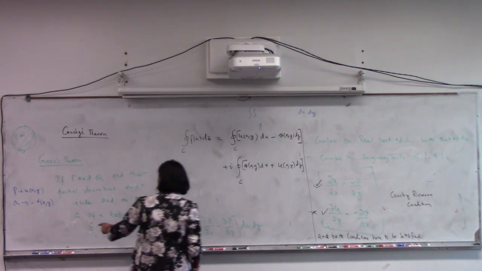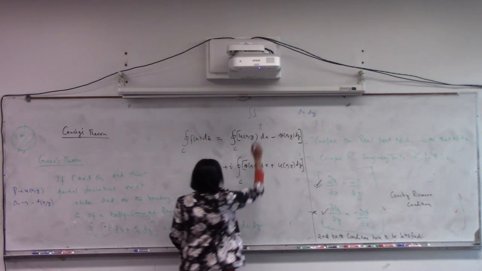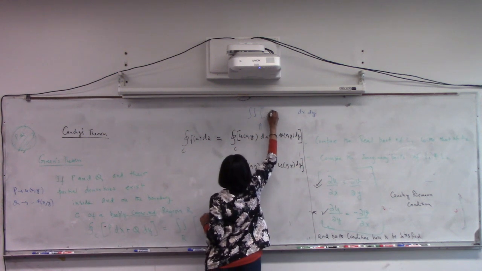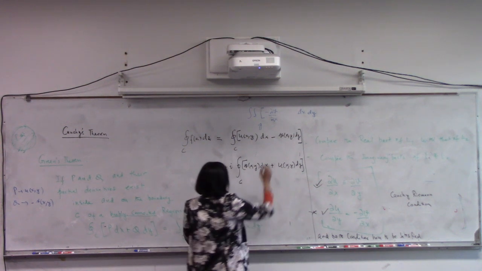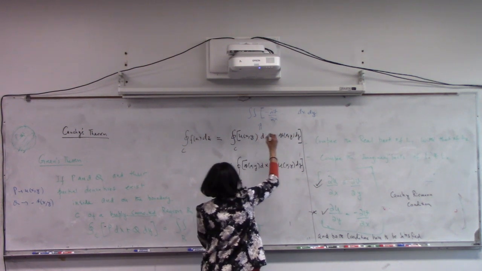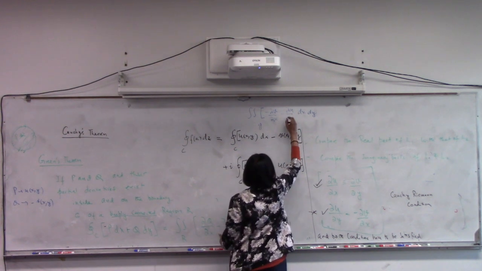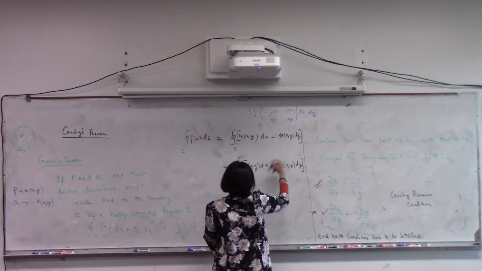Now what should I write here within the parentheses? Partial q with respect to x, right? Q is minus v, so minus partial v with respect to x, minus partial u with respect to y, dx dy, that's the first term.